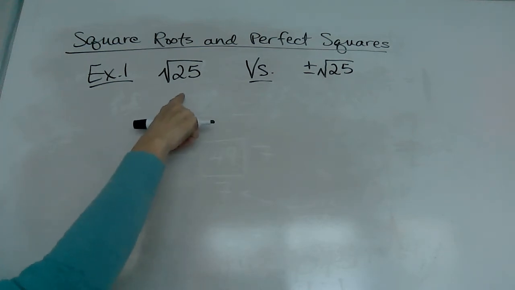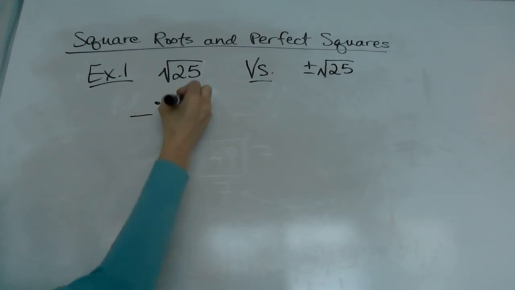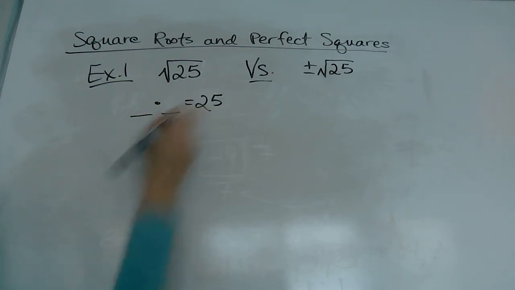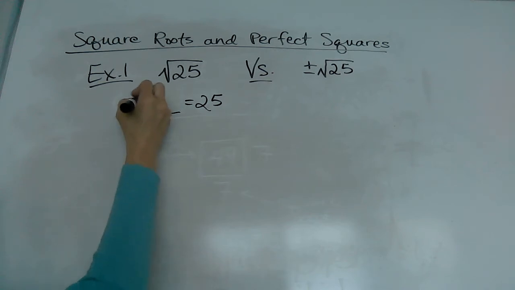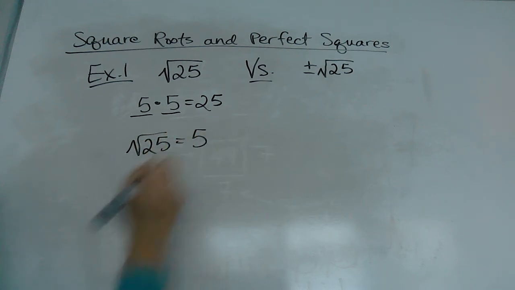So in this case, the answer to the square root of 25 is what number times itself gives us 25? Well, we know that we're going to fill in those blanks with the number 5. So the square root of 25 equals 5.